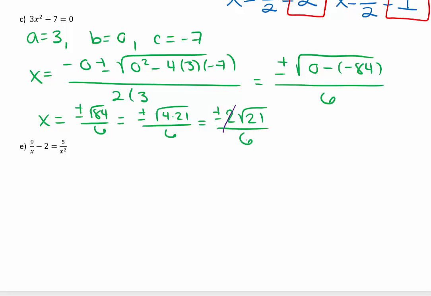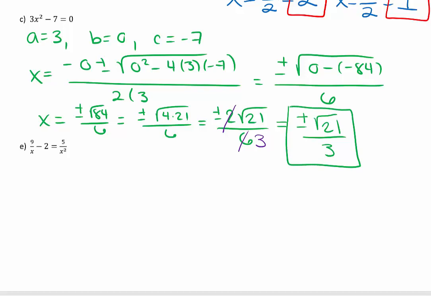And then finally, 2 over 6 can be reduced to 1/3. And so my final answer is plus or minus root 21 over 3. So again, the quadratic formula works in any quadratic equation. If it feels like a term is missing, you just put in a 0 for that number.